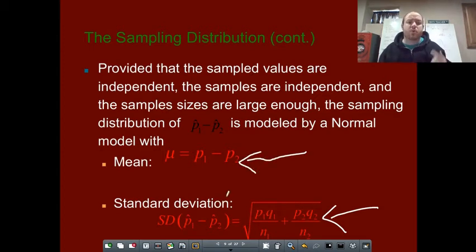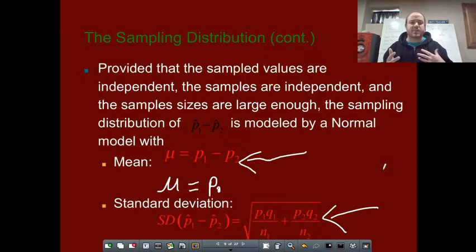So when we were dealing with one proportion z-test, we just said that the mean was equal to whatever the proportion was in our original statement. Well, in this case, it's very similar because we're comparing two and we're seeing what the difference between them is. The mean that we're going to use is just going to be the first sample's proportion minus the second sample's proportion, for the exact same reason that we did that with standard deviation.